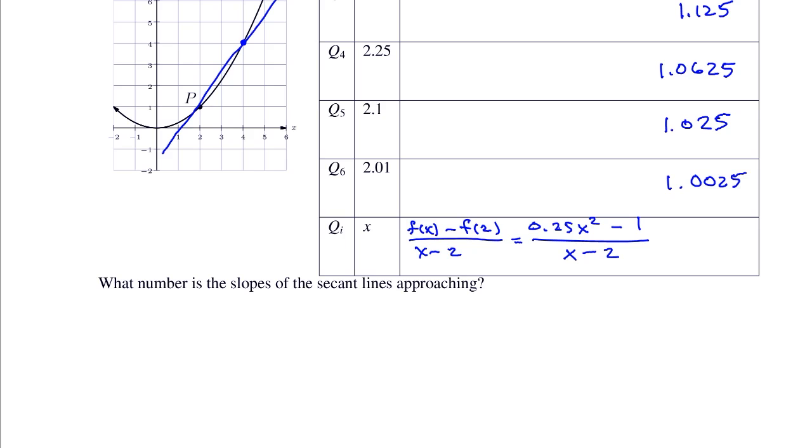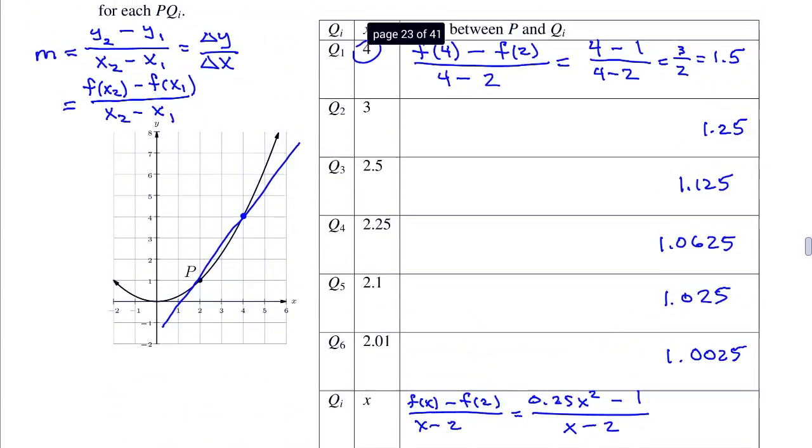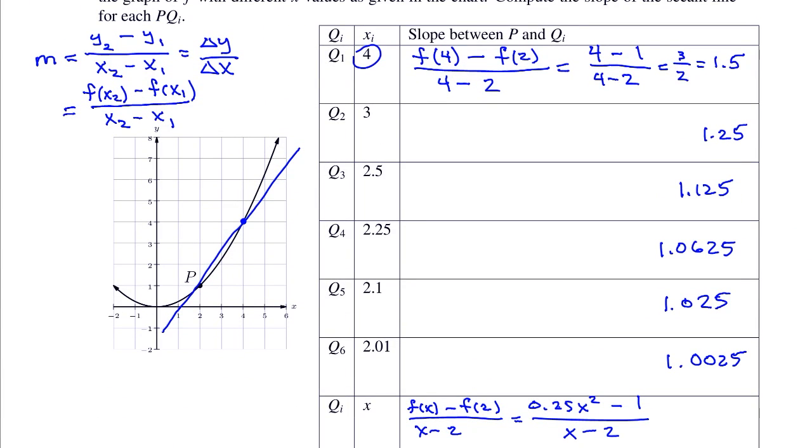Okay, so the question here is, you see we're creating all these secant lines. Here's the next one. And then here's another one. And then here's one right here. And eventually we get to the tangent line, like that.